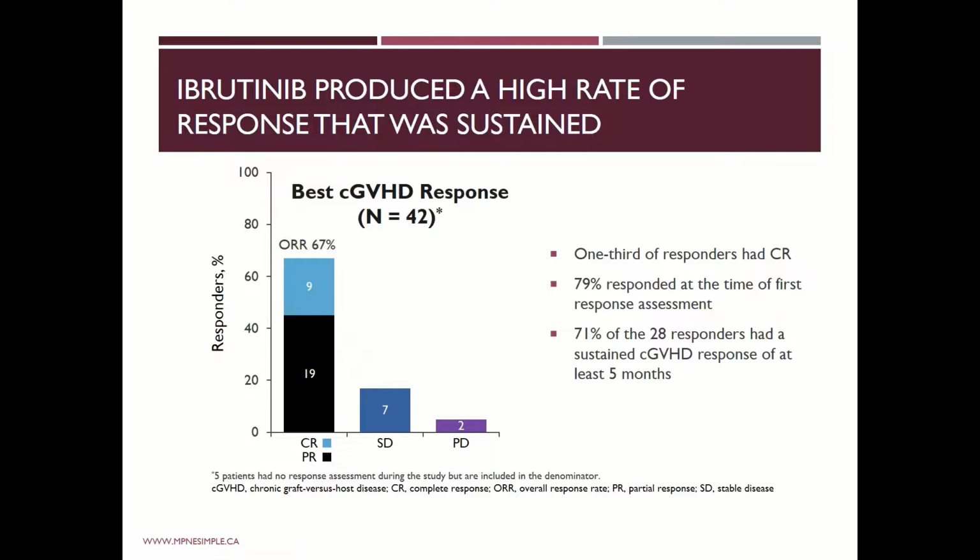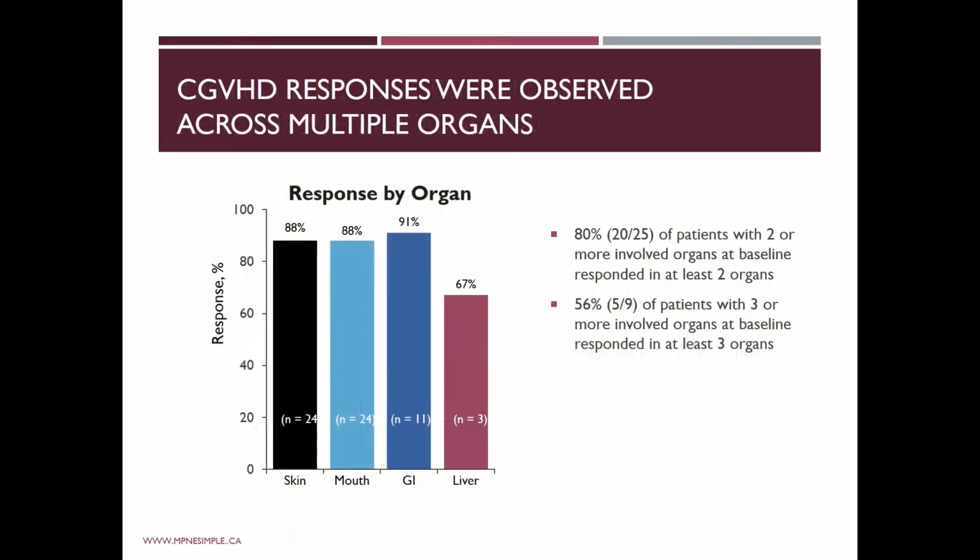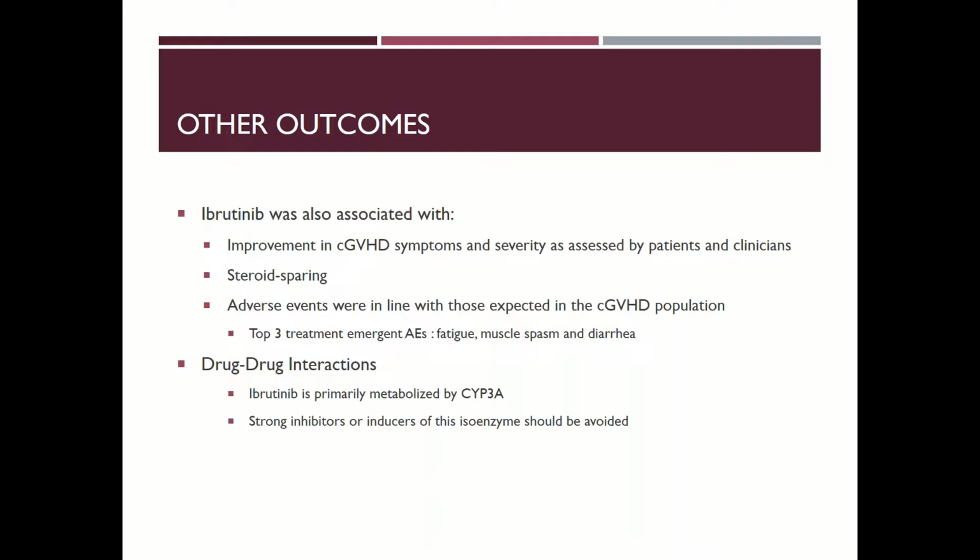Also, durable responses were noted. Responses were seen across multiple organs, so responses were recorded in the skin, mouth, gut, and liver. And patients who had multiple organs involved had multiple organs respond to the therapy. Ibrutinib was also associated with improvement in chronic graft versus host disease symptoms and severity as assessed by patients and clinicians.